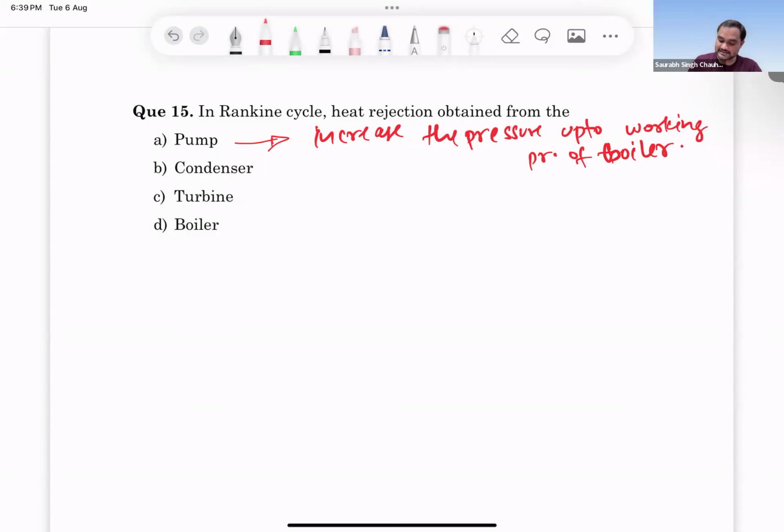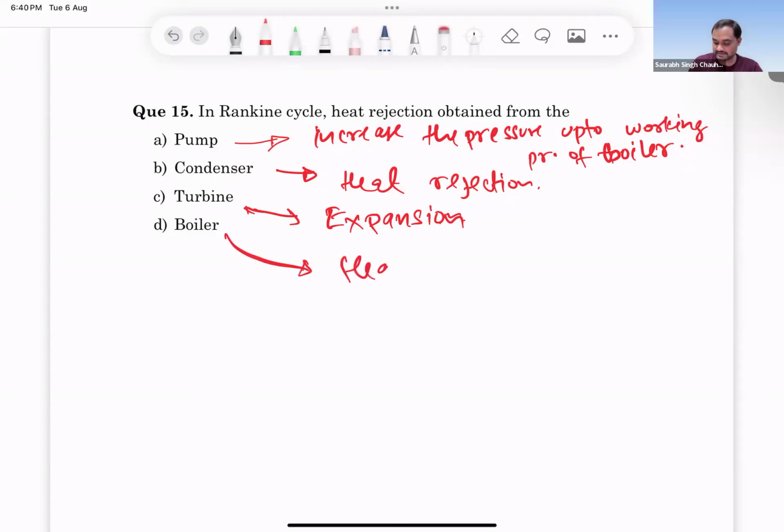Okay. Condenser. In condenser, heat rejection takes place. In turbine, expansion takes place. And in the boiler, heat addition takes place. So heat is rejected in condenser. So part B should be the correct option. Okay.